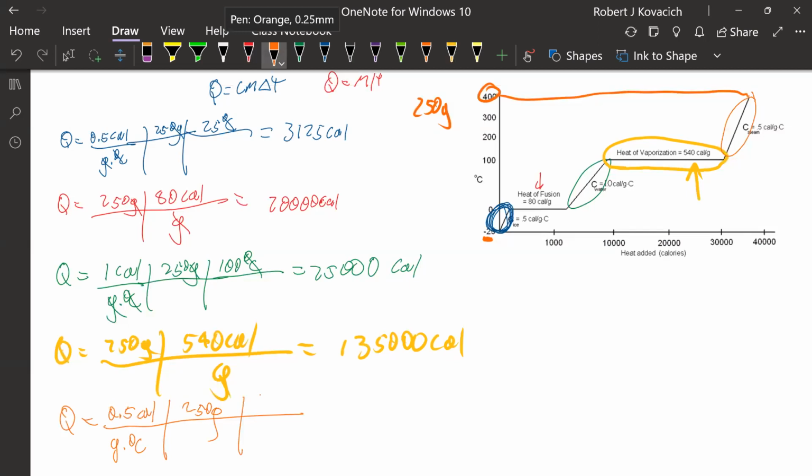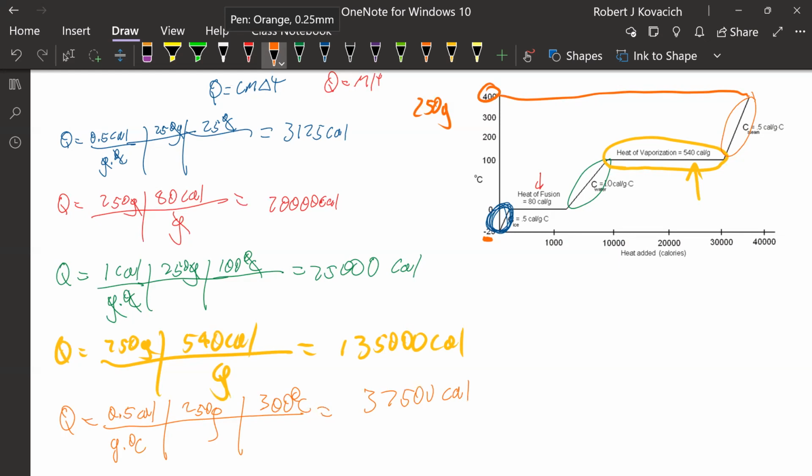And now we're going to go 300 degrees Celsius, 400 minus the 100 that we started at. And so then 300 times 250 times 0.5 is 37,500 calories. So you can see the most energy intensive portion of this is the boiling. And then right behind that, we've got raising the temperature of the water and melting the ice.